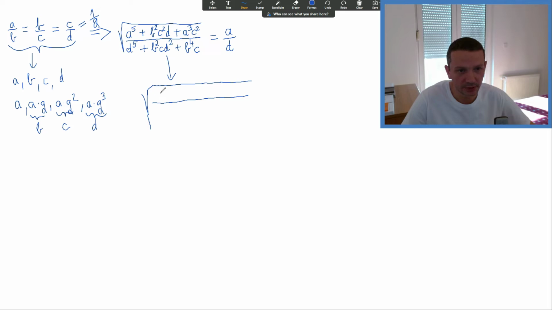So we shall leave A to A. We shall substitute A times Q instead of B, A times Q squared instead of C, and A times Q cubed instead of D.